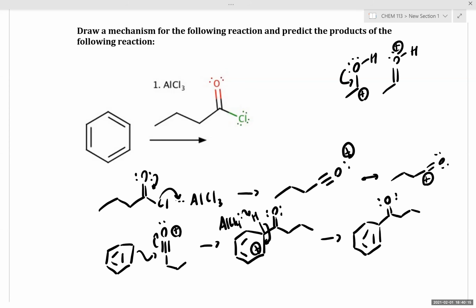It would be more correct to draw the acylium ion rather than the carbocation, even though they're both resonance forms of each other. They're identical species. It's just more commonplace to draw the acylium ion. Does that answer your question? Perfect.